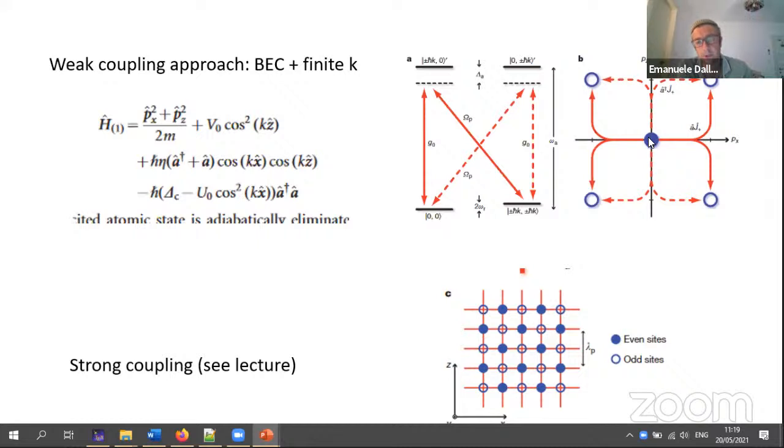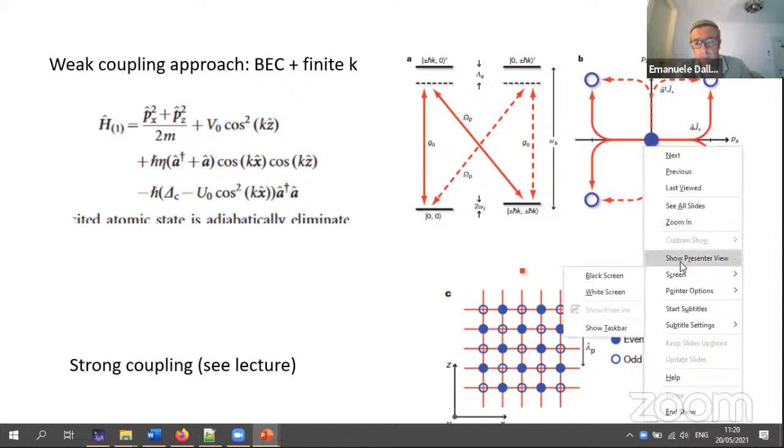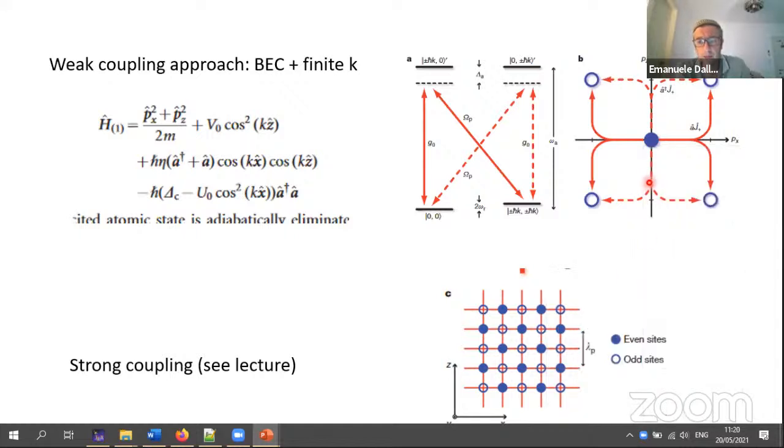Then when you absorb a photon, your momentum goes down, because the photon has a momentum h bar k. So you absorb a photon of momentum h bar k, but then you re-emit the photon into the cavity. And when you re-emit the photon into the cavity, you are actually moving in the vertical direction, right? Because to emit a photon in the cavity, you need to put a momentum in the vertical direction. So eventually, you end up from this state to this state here.